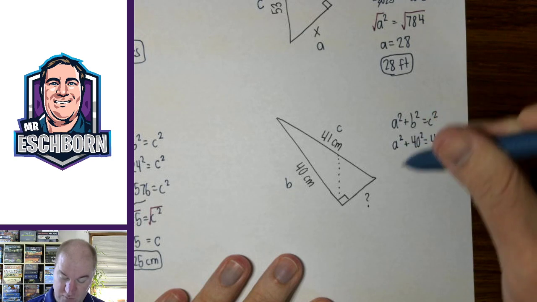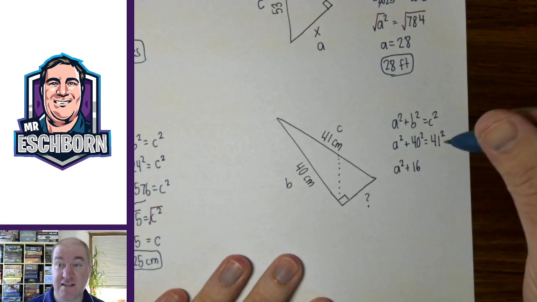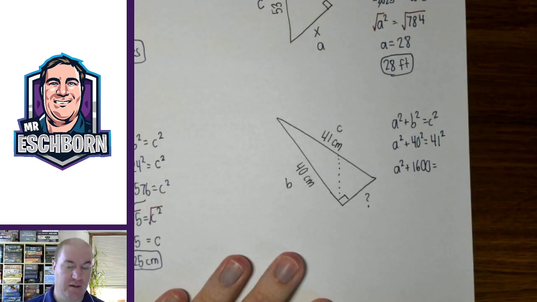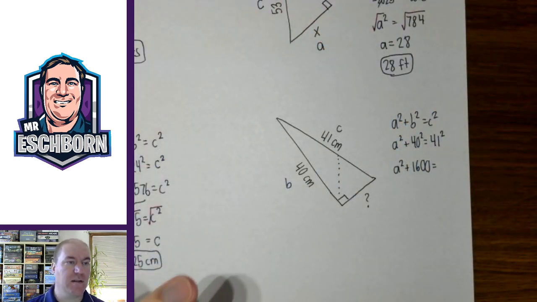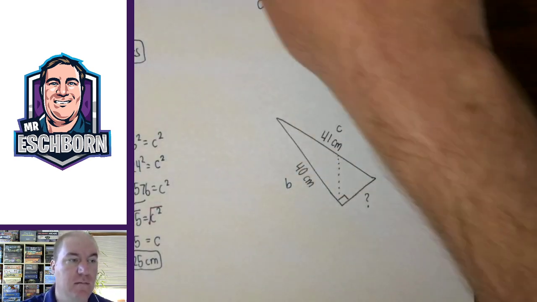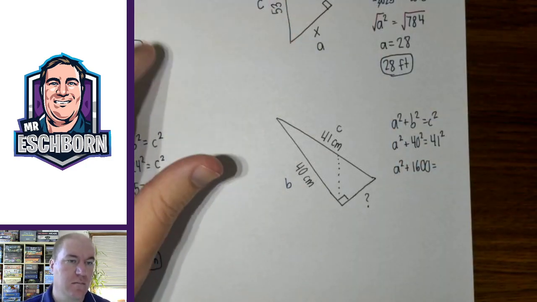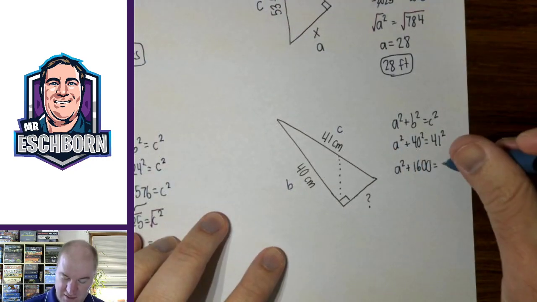So a squared, I can't do anything to it yet. 40 squared is 1,600. And 41 squared is 1,681.